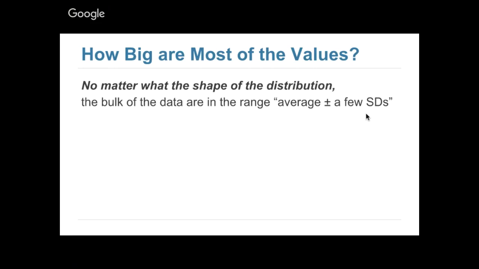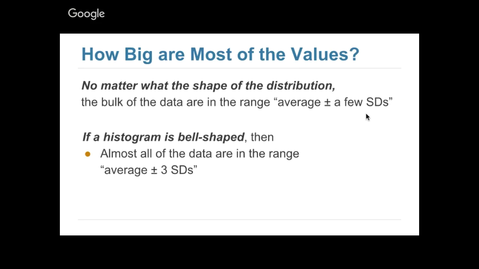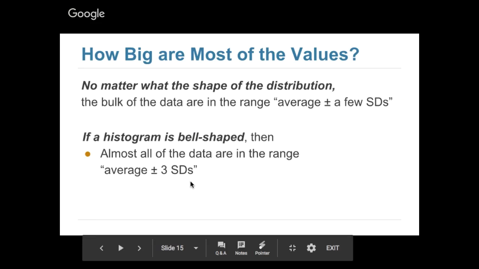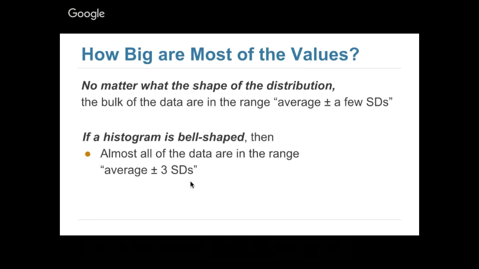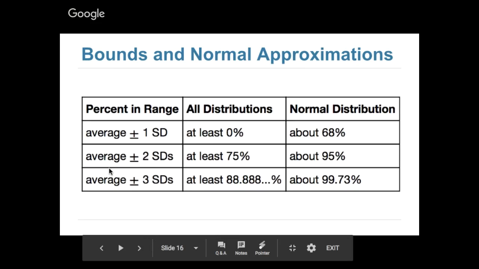But if our data are normal, we can tighten those bounds a little bit, and we can say almost all the data are in the range average plus minus 3 standard deviations. So it turns out that if you work out, given a theoretical normal distribution, how many values are between 1 standard deviation, 2 standard deviations, we get this.